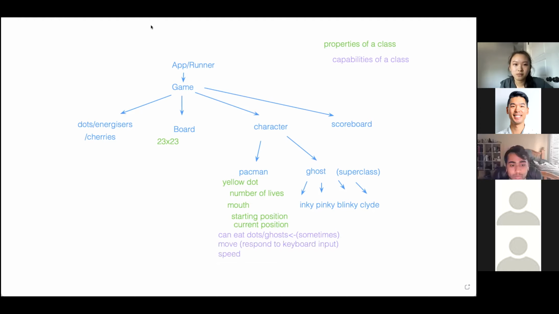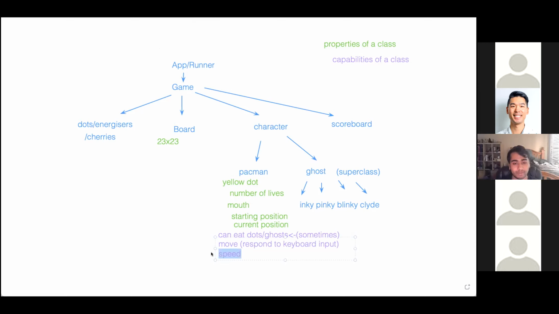Yeah. So I have a question for everyone. When it comes to speed, is that something that you think is unique to Pac-Man? Move and speed could be in character. Well, do the ghosts respond to keyboard inputs? No. Next question. There are times that the ghosts change speed, but Pac-Man stays the same.